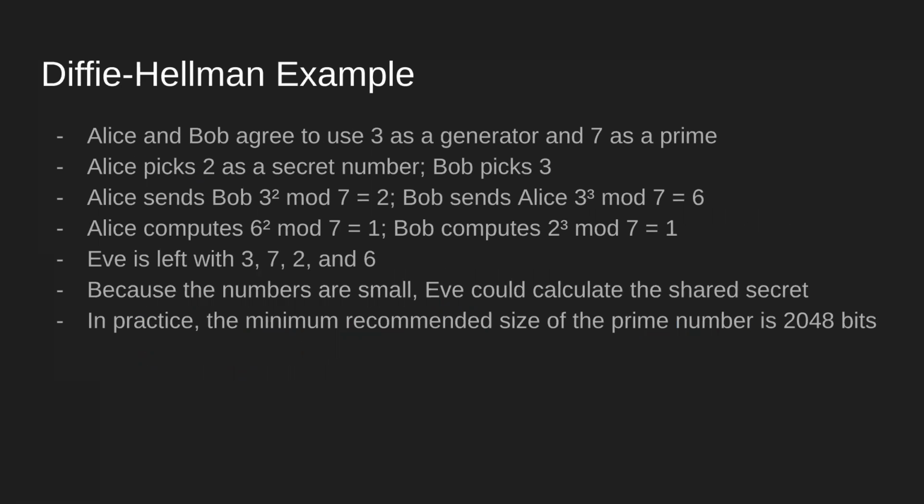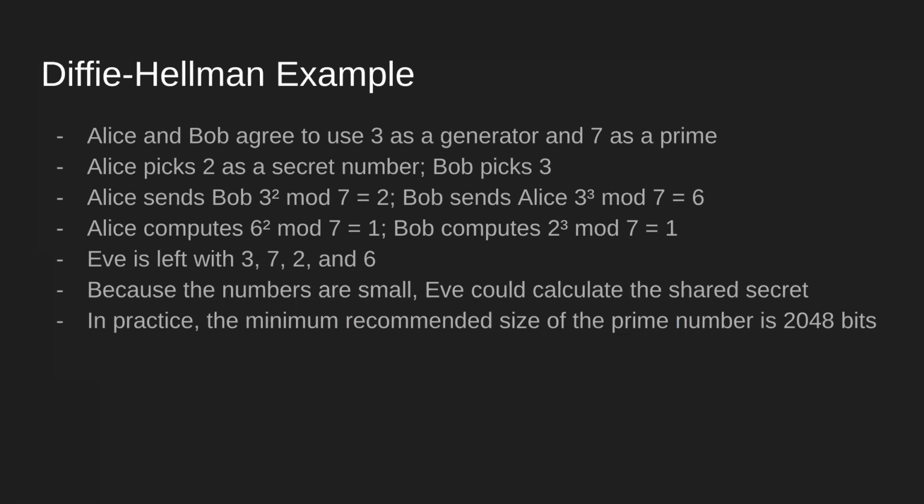Right, so here's an example with small numbers. With numbers this small, computing discrete log is actually not difficult to do even by hand. But if I throw up a 2000-bit number up there, it's going to be the entire slide, really. So we're going to say Alice and Bob agree to use 3 as a generator and 7 as a prime.